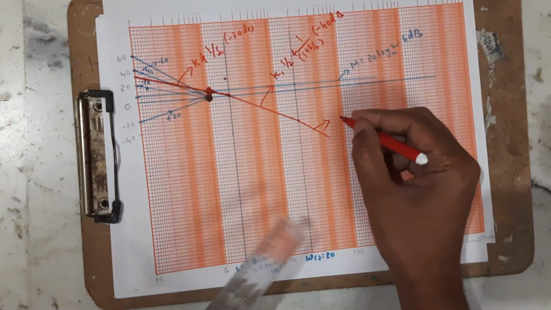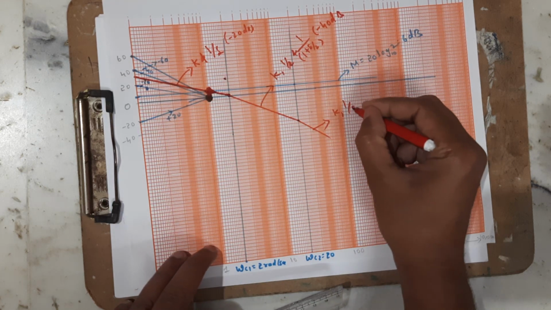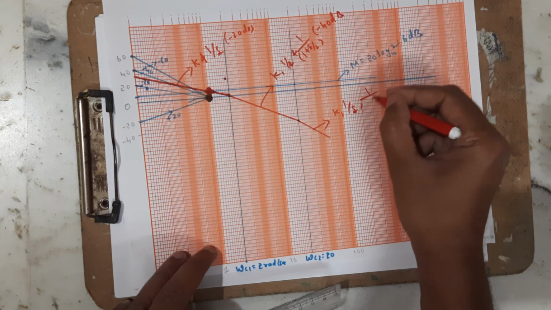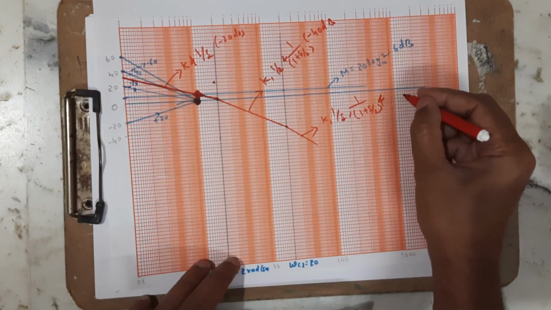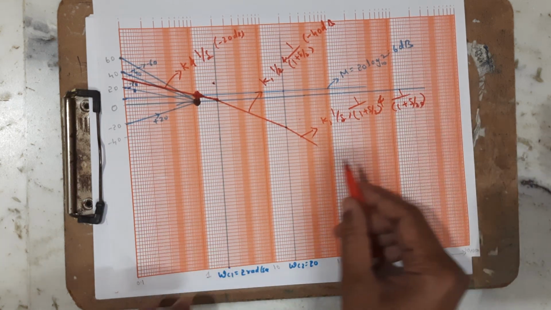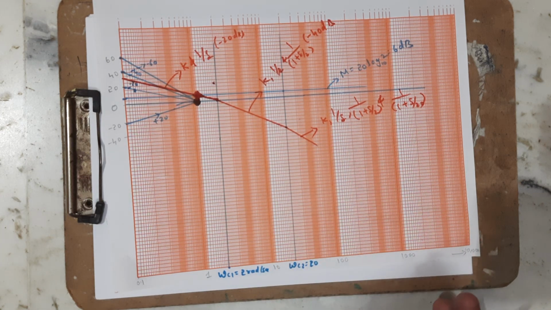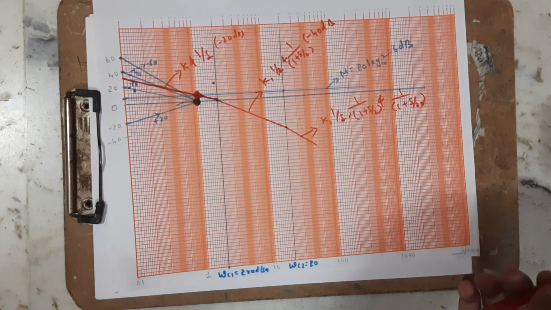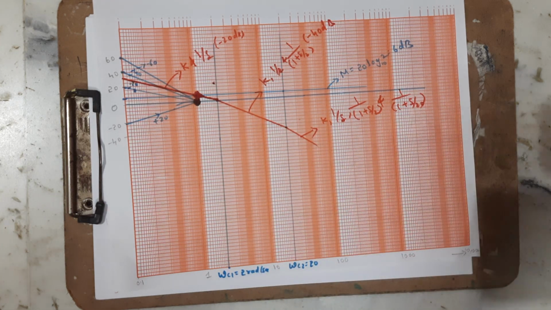This is due to the contribution of K and 1 by S and a simple pole 1 plus S by 2, and also due to 1 plus S by 20. So this is the final slope. What is the final slope? That is minus 60 dB per decade. So this is how we are going to draw the magnitude plot.